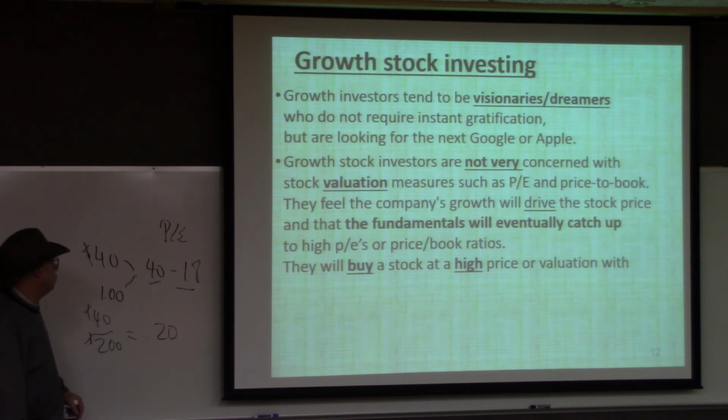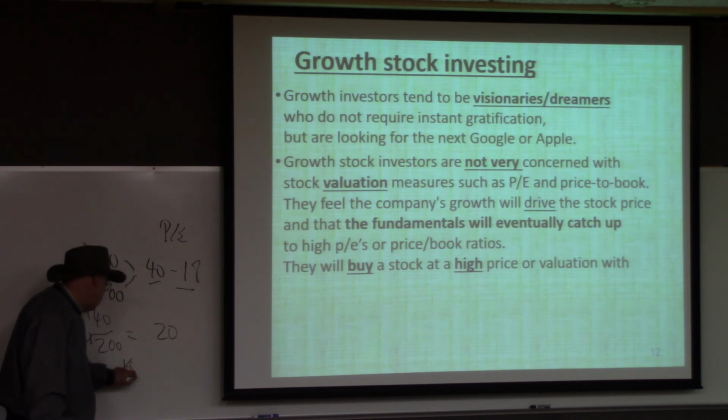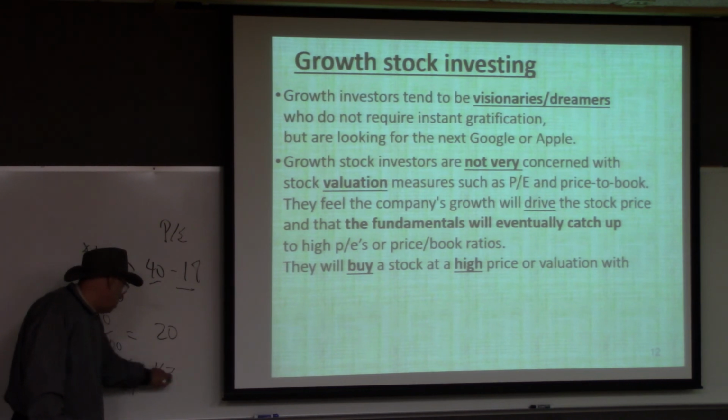And let's say the market grows its earnings 10%. That would make the market PE 18 divided by 1.1, about 16.2.